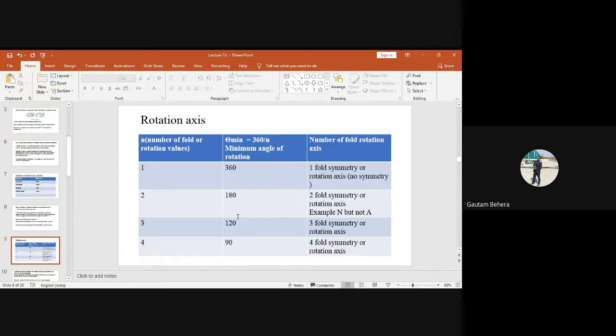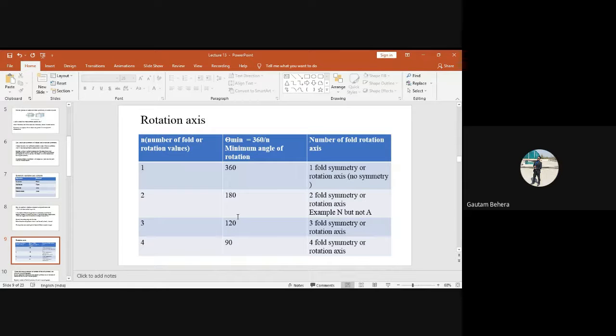If you take an alphabet A and rotate it by 180 degree, will the alphabet A come into self-coincidence? Can we reproduce the structure? No, sir. So up to how much do you have to rotate? 360 degree. Very good. So the number of fold of the rotational axis will be how much? So 1.